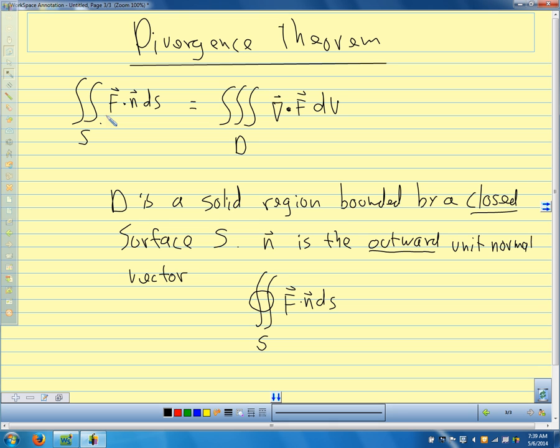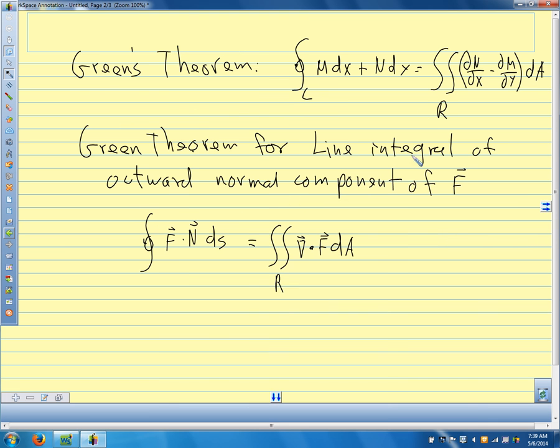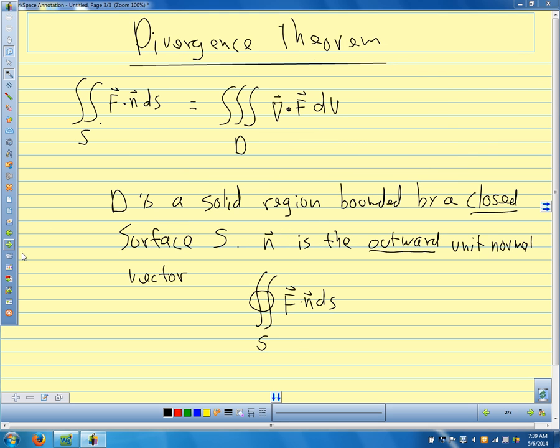The divergence on the interior is related to the flux through the surface. And that's what we said back here: in the plane, the divergence through the region is related to the flux out of the boundary of the region. So the divergence is telling us something about the flux of our field, the outward flow.